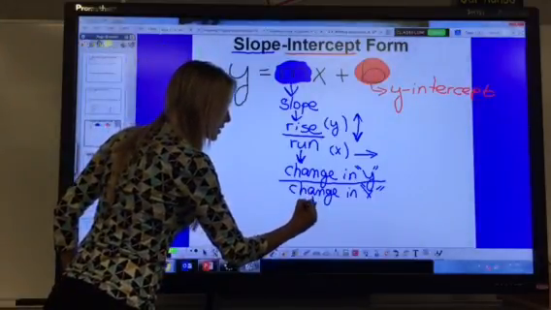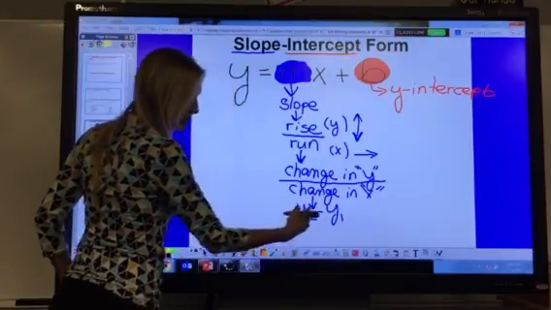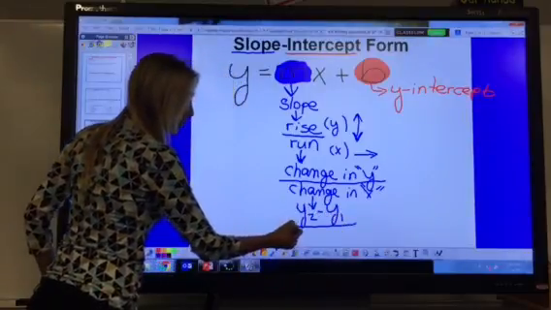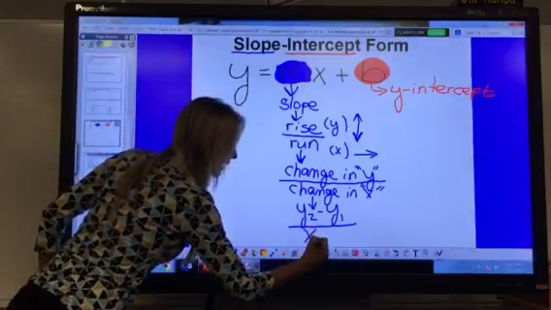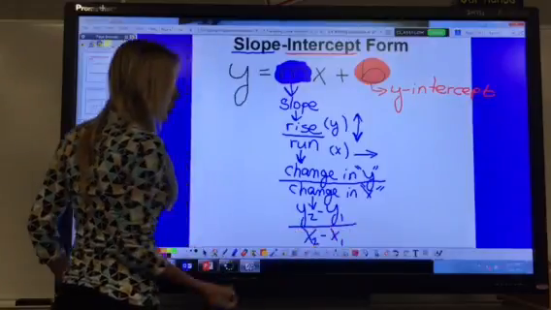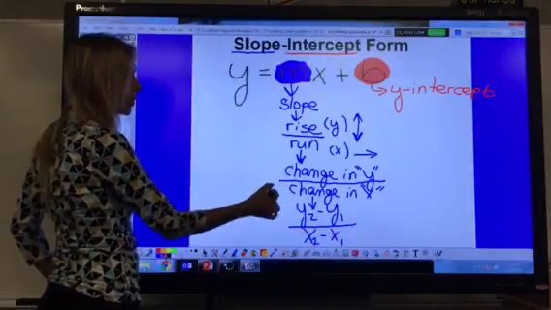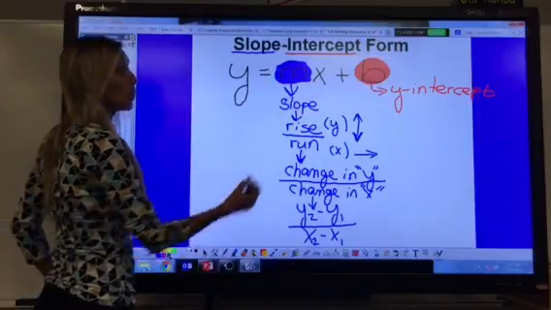So I'm going to take usually the second y, subtract the first y. So we say y2 minus y1 over, take the second x, subtract from it the first x, x2 minus x1. So all these are different representations of slope.